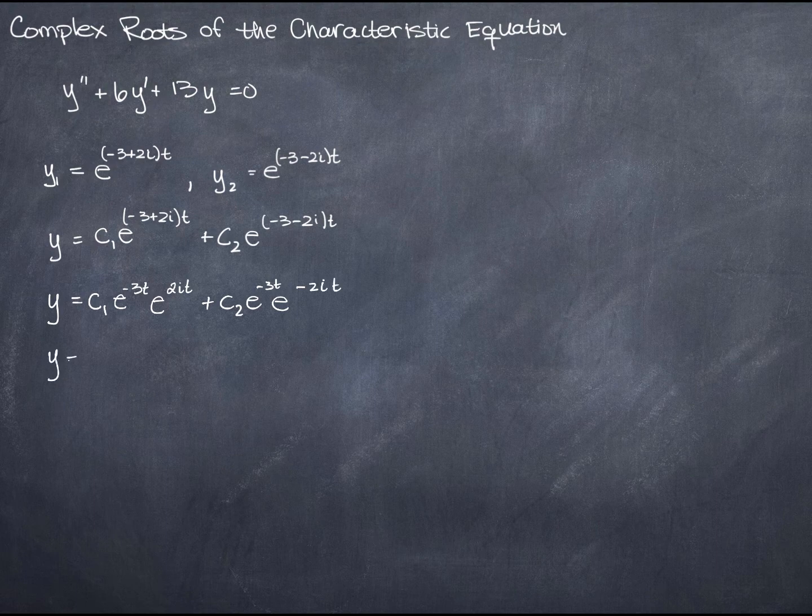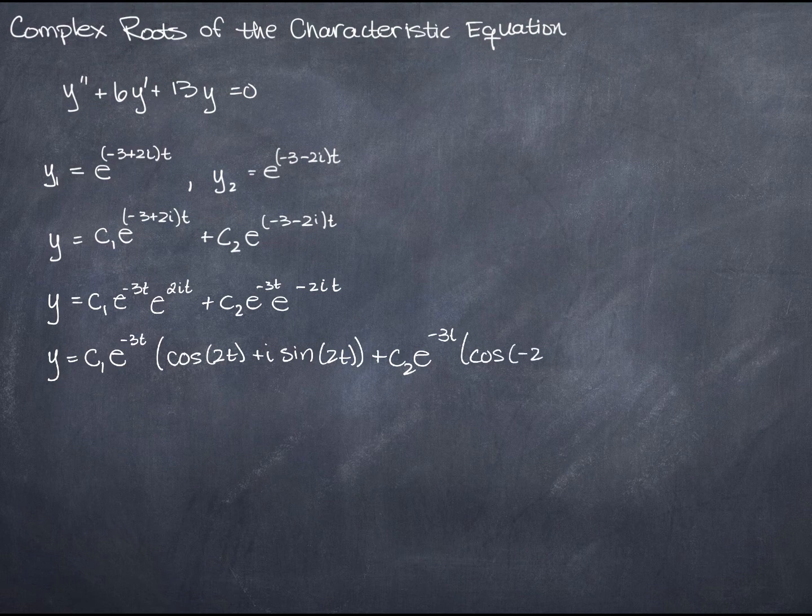And then we can write the e to the 2it part as the cosine of 2t plus i times the sine of 2t. Plus, then we have C2 e to the -3t times the cosine of -2t plus i times the sine of -2t. That is certainly one approach.